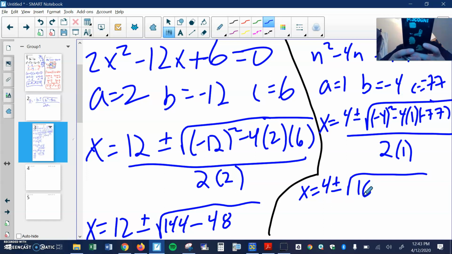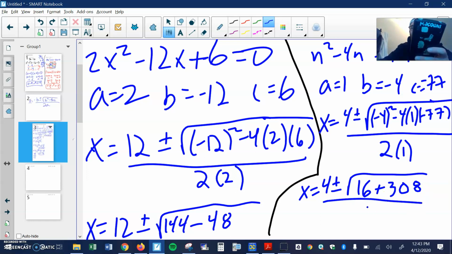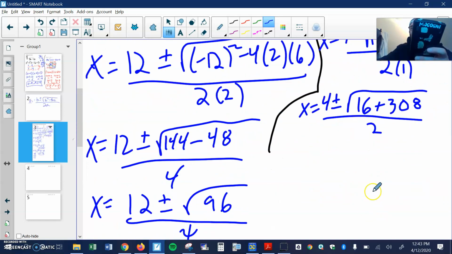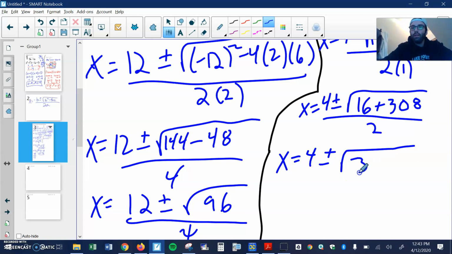I got negative 4 times negative 77, so that gives me plus 308, all over 2. Keep going. 16 plus 308 is 324. So I get x equals 4 plus or minus the square root of 324 over 2.